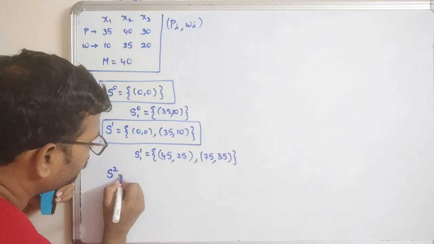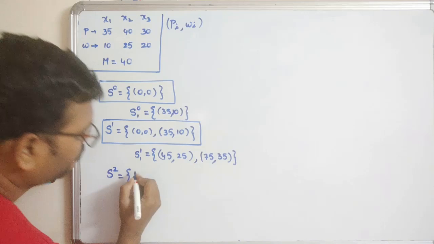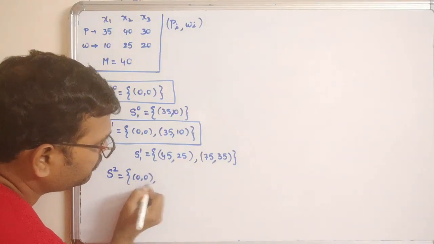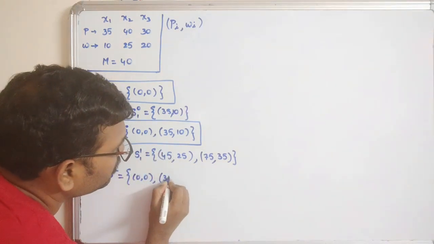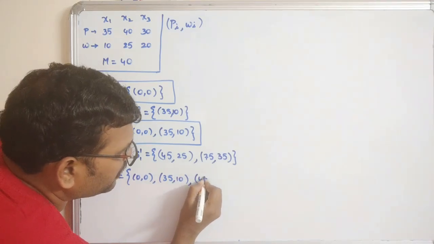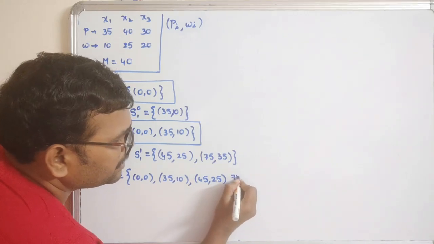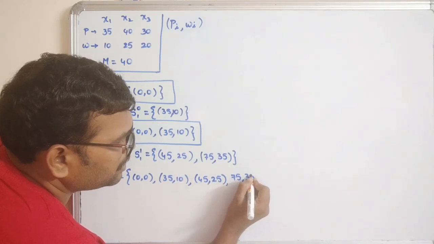And S2 is, so combine both these things, 0, 0. So 35, 10, and after insertion, so 45, 25 and 75, 35.